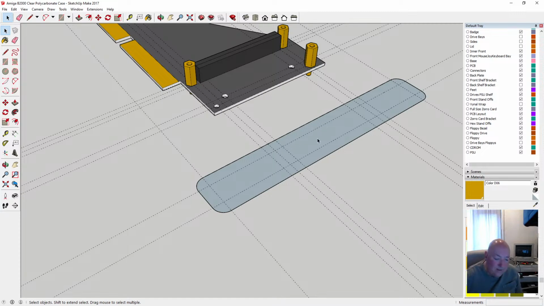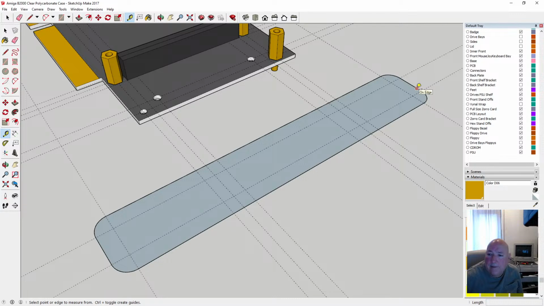So actually that is the cutout there, so we just need the depth from the top is 58 mil. And then it's down to 77 mil.